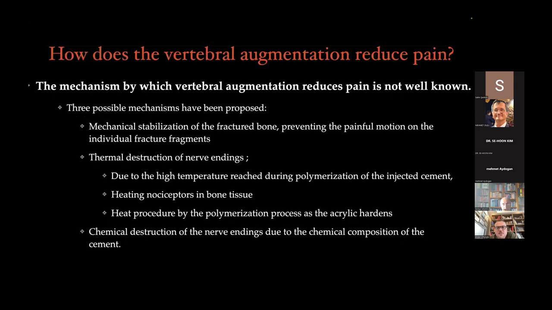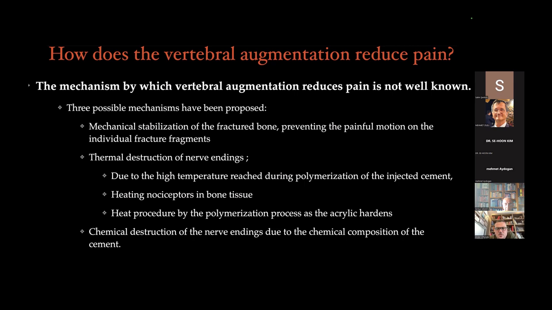How does vertebral augmentation reduce the pain? We don't know the exact mechanism, but three possible mechanisms have been proposed. Mechanical stabilization of the fractured bone, preventing painful motion of individual fracture fragments.